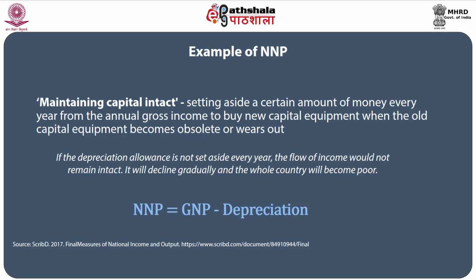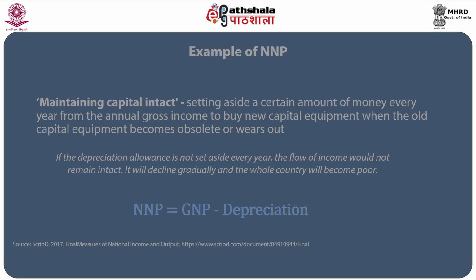If the depreciation allowance is not set aside every year, the flow of income would not remain intact. It will decline gradually and the whole country will become poor. NNP is equal to GNP minus depreciation.